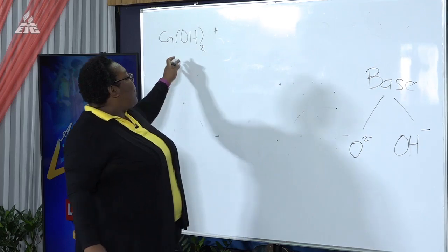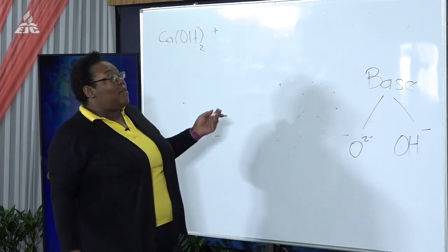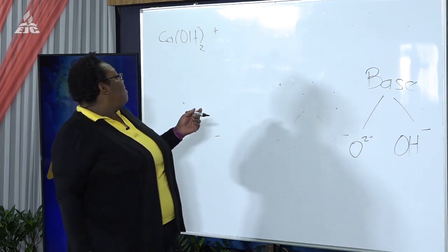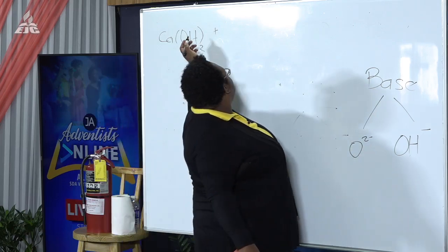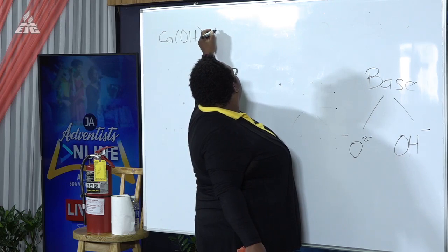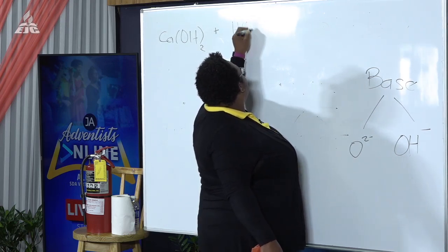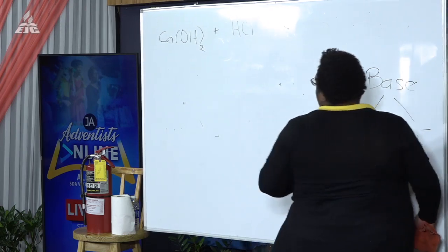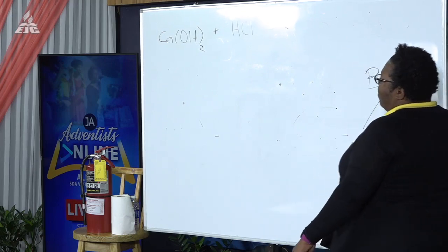So if we react a base with an acid, let us look at, okay, let's go with HCl. What will the products be?